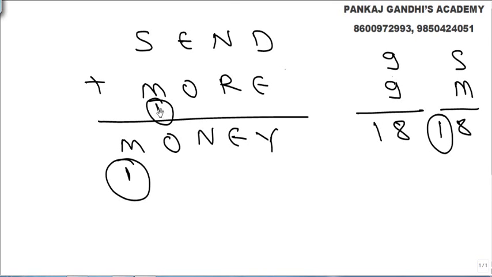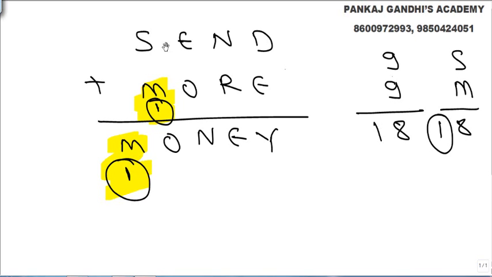We know S plus M summation is 10 or more than 10. Now the maximum summation can be 18, 9 plus 9, 18. So M has to be compulsorily 1. M is 1. The only carry forward that can come is 1.